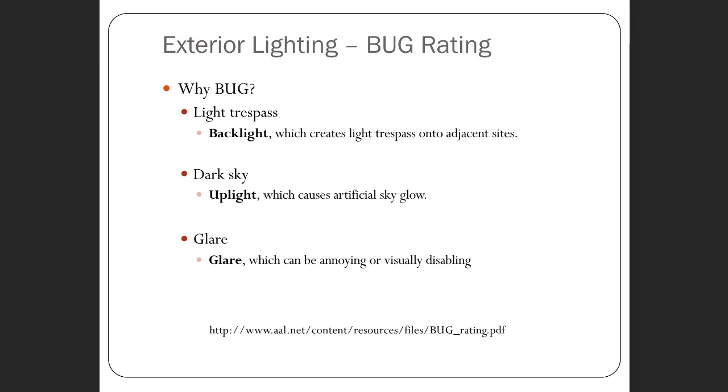That's light trespass. We don't want that to happen. We want to make sure that we minimize the amount of uplight to the extent that we can, keep our skies darker, reduce that artificial sky glow. We want to try to reduce glare. We don't want people driving around in their cars to be distracted or annoyed by poorly designed lighting systems.